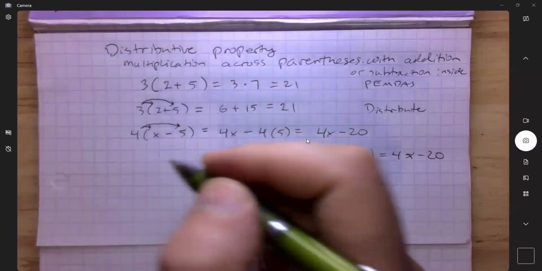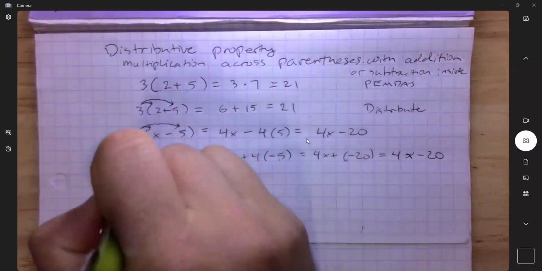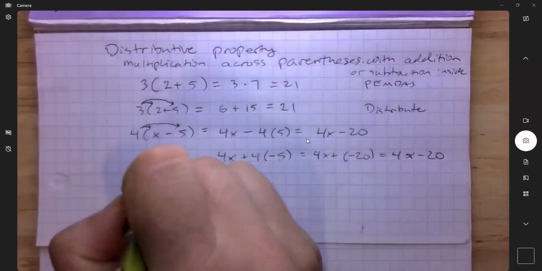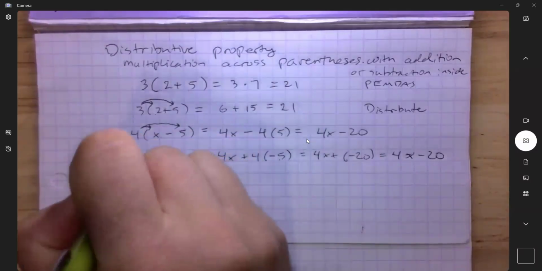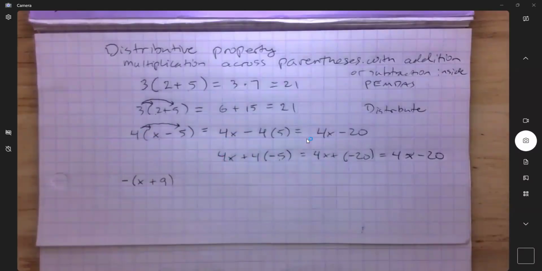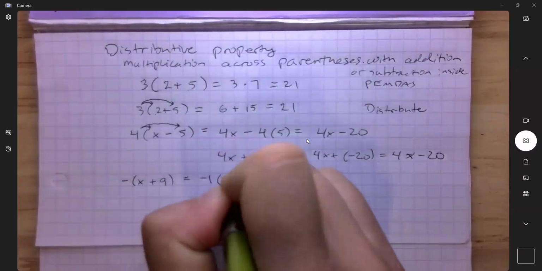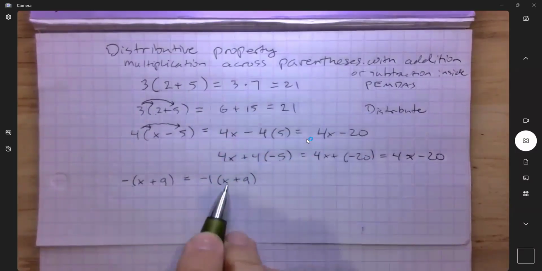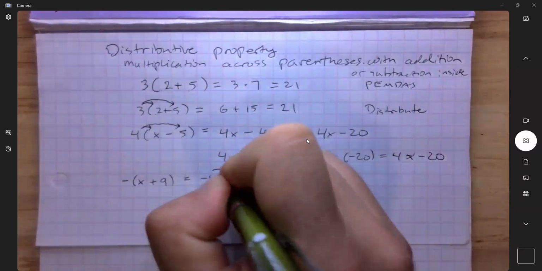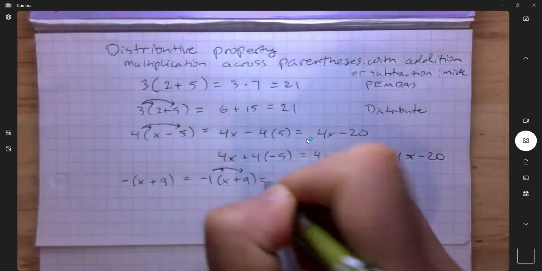Another one of the tricky places is, what if I have parentheses and it's negative outside the parentheses, and I want to clear those parentheses, so I want to get rid of them. Well, I have to see that as negative 1 times the quantity x plus 9, and I distribute that negative across both terms.